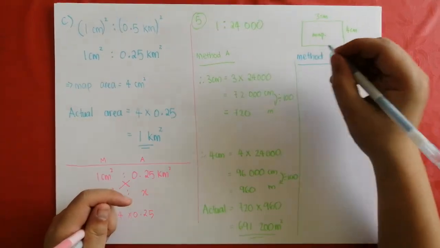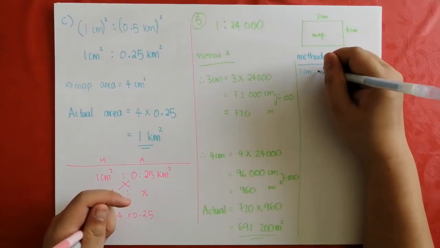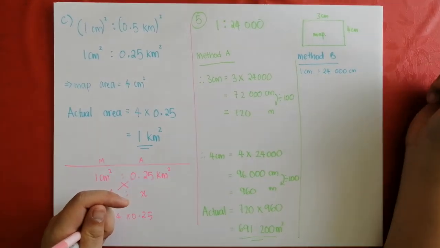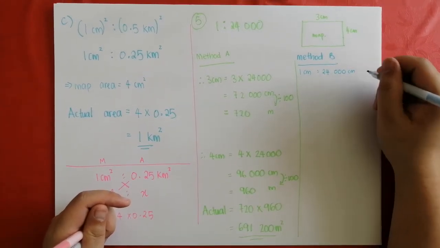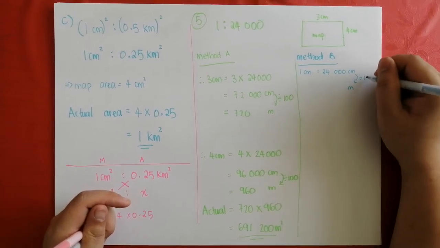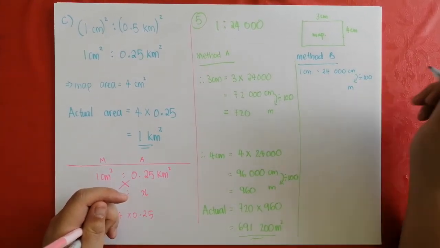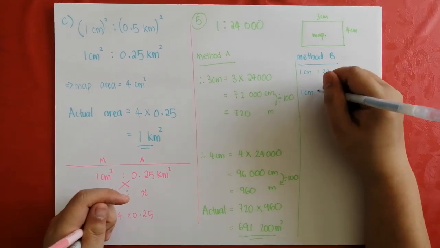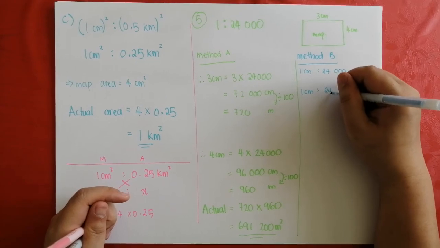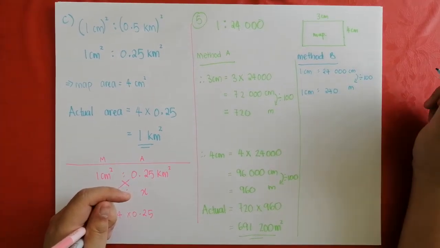This scale is 1 cm to 24,000 centimeter, so we convert the actual to meter by dividing by 100. So 1 cm is 24,000 divided by 100, which gives me 240 meter.